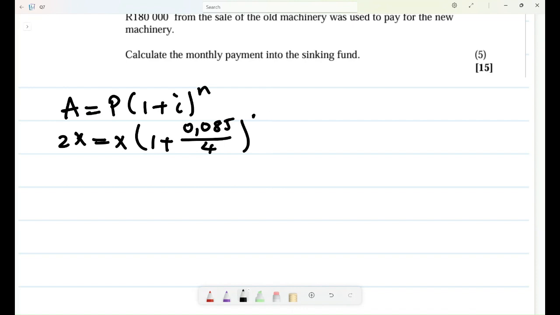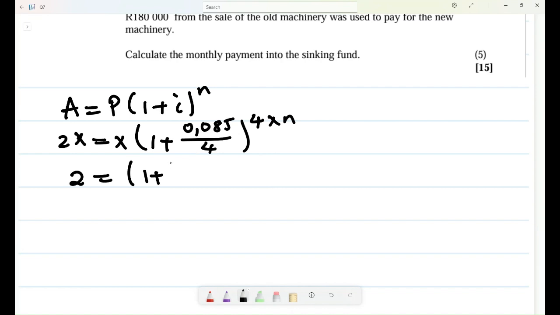So we say 4 multiplied by n. Here when we do our math, let's divide by P on both sides. It's going to be 2 equals 1 plus.